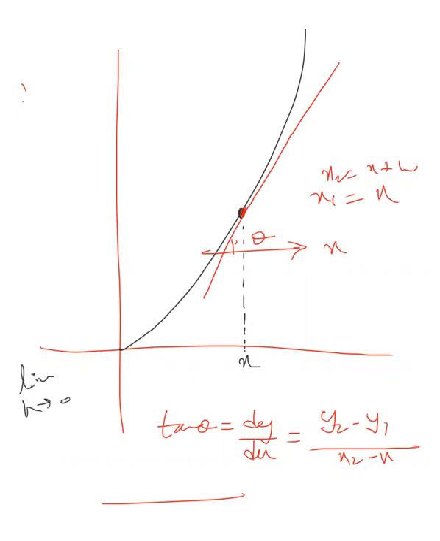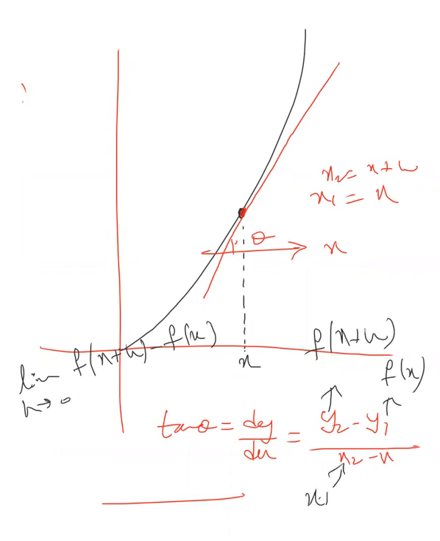That means h is very small. Limit h tends to 0, f of x plus h minus f of x, because y2 is nothing but f of x plus h and y1 is nothing but f of x. X2 is x plus h and x1 is x, so x plus h minus x.